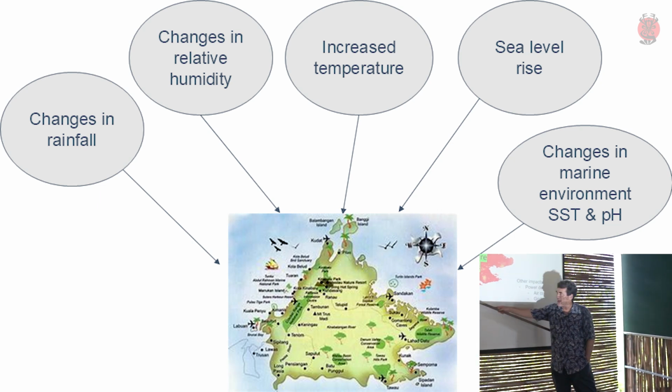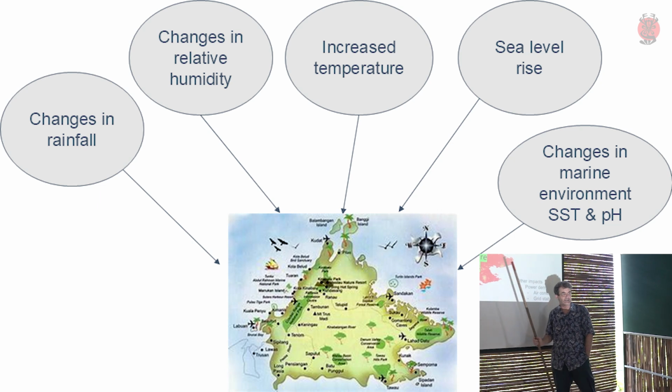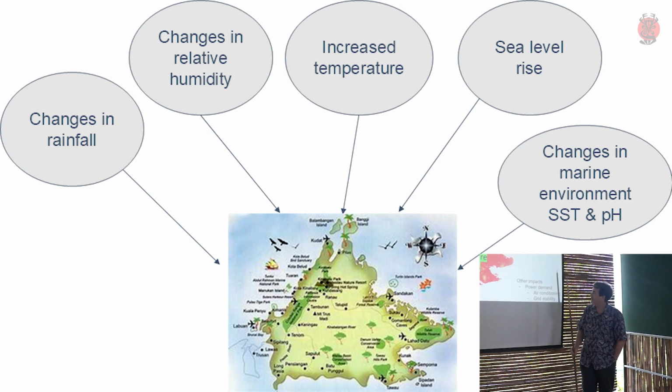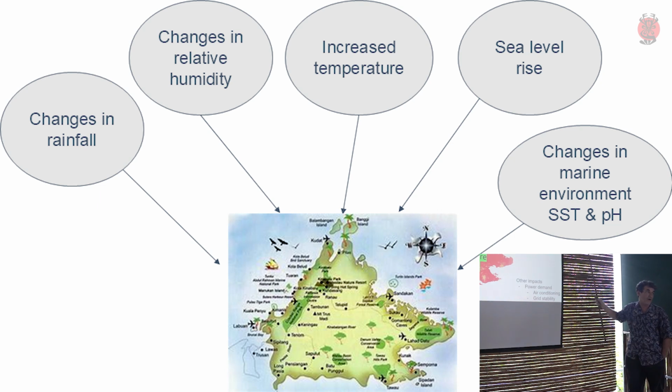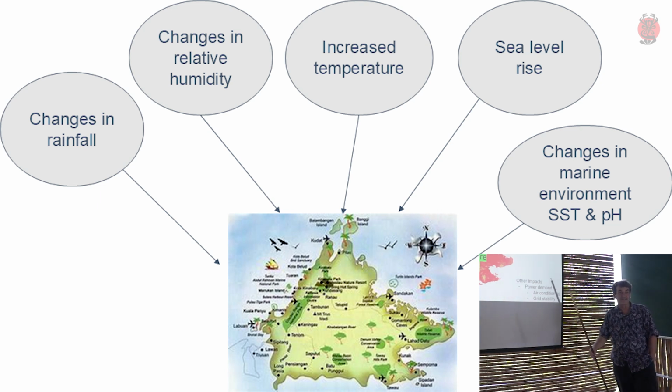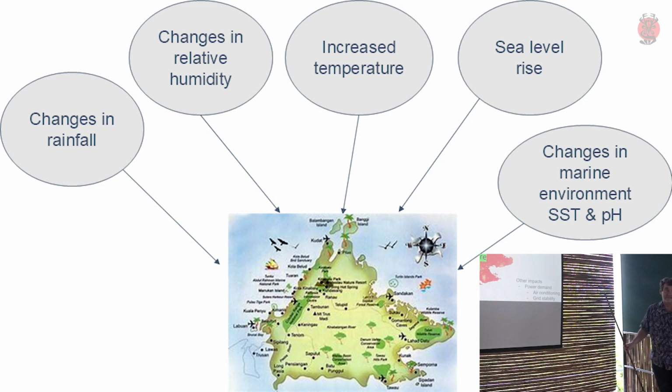We'll be looking at how fire risk is likely to change in Sabah. We'll be looking at some indications of how heat is going to impact particularly rural communities. Okay, so that's it for this session.